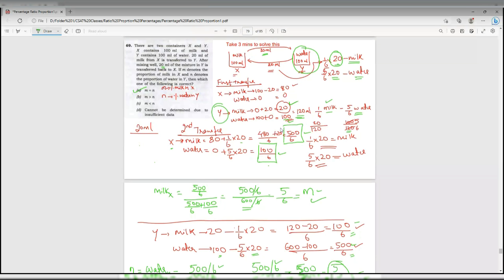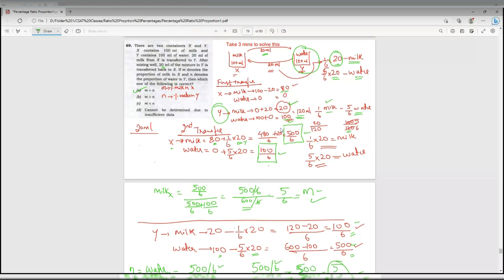Now this whole thing would go to X. In X, after removal of 20 ml, there was only 80 ml left. In this 80 ml, we are adding the milk coming from container Y, and when you add this, it will become 500/6.